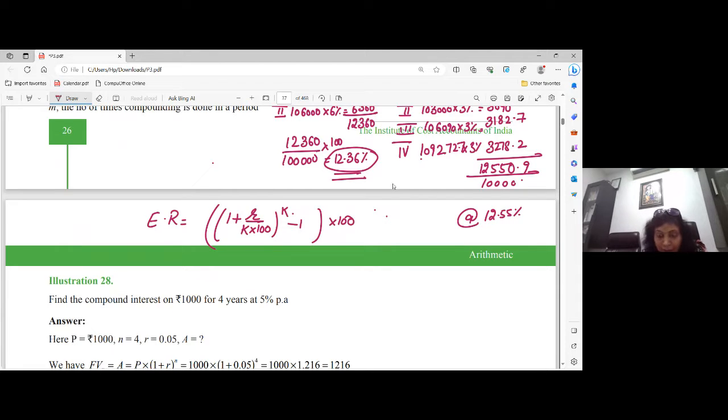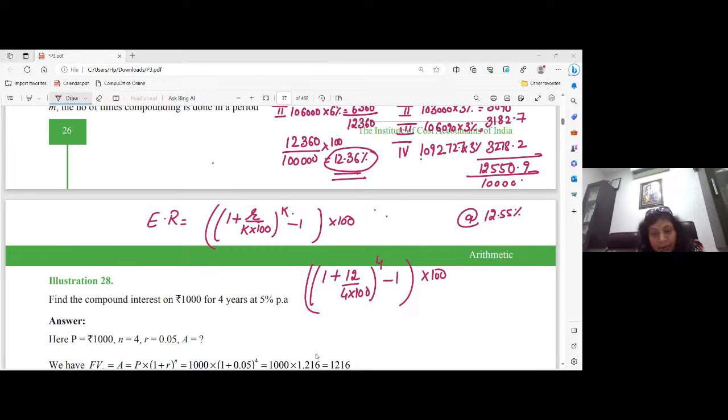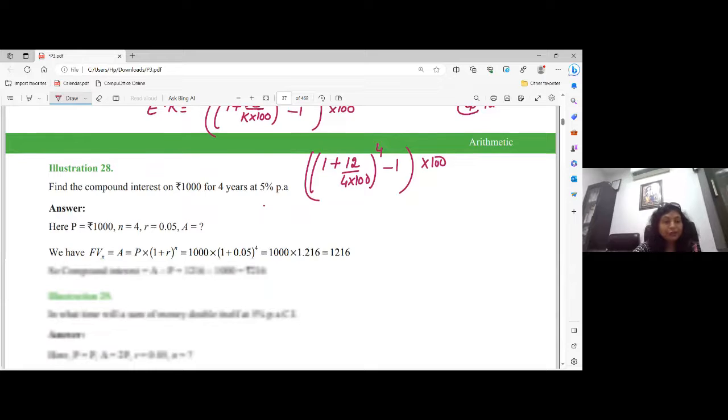Now similarly, for the question which we have done till now, if we want to find out the effective rate of interest for 12% compounding quarterly, so (1 plus 12 upon 4 into 100) per 4 minus 1 into 100. So what it becomes, 1.03 per 4, 1.1255 minus 1 into 100. So that is 12.55%.